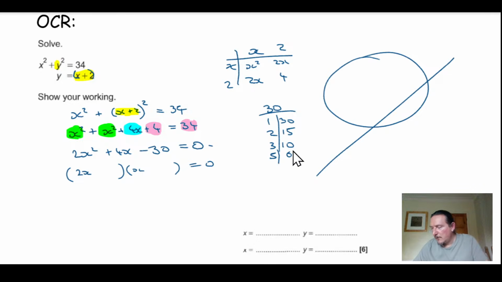And I need to think about which pair is going to deliver me that 4 in the middle. Bearing in mind that the number I put on the right, I'm going to multiply with the 2x, and the number I put on the left, I'm going to multiply with the x. Anyone know which pair it is? Which pair do you think I'm going to put in?